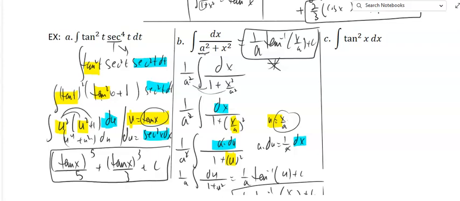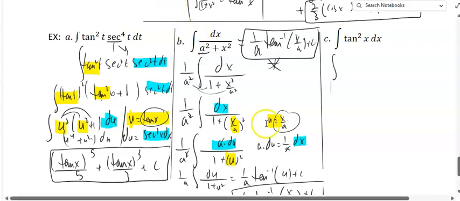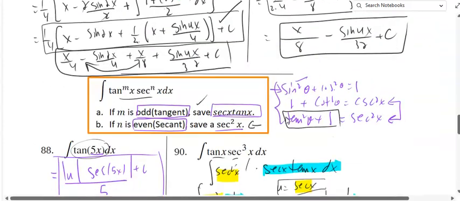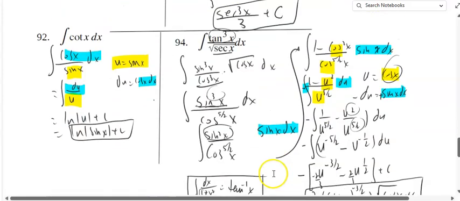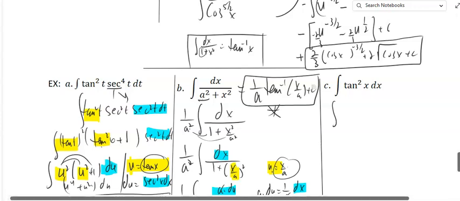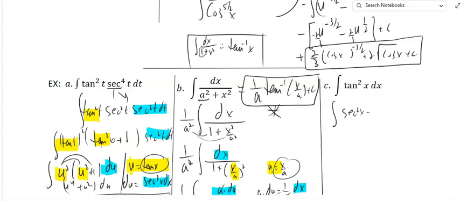But if you recognize that tangent squared is secant squared of x minus 1, then this is a very easy problem. And if you don't, it's a very hard problem.